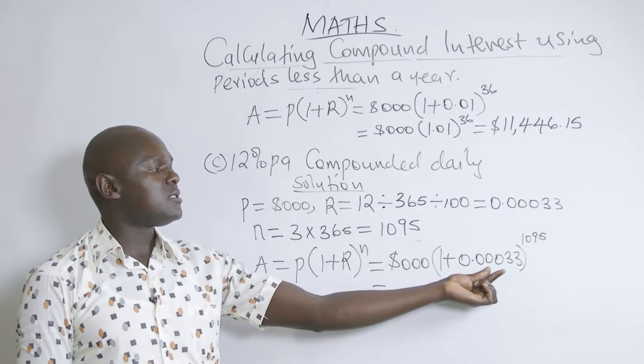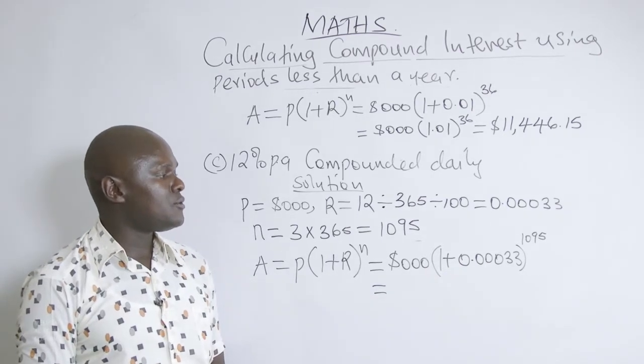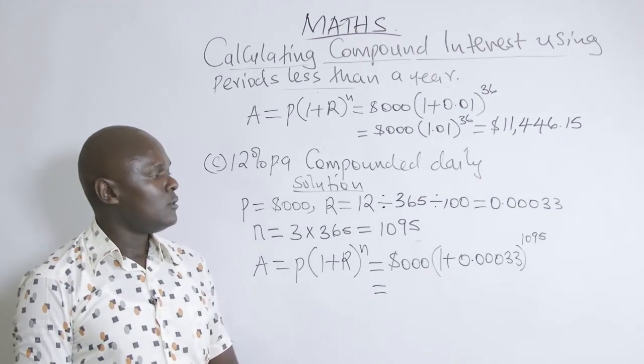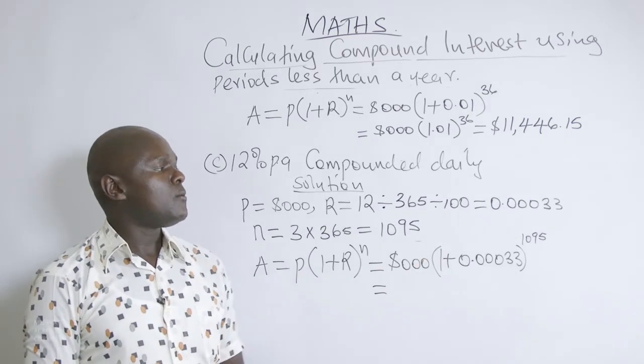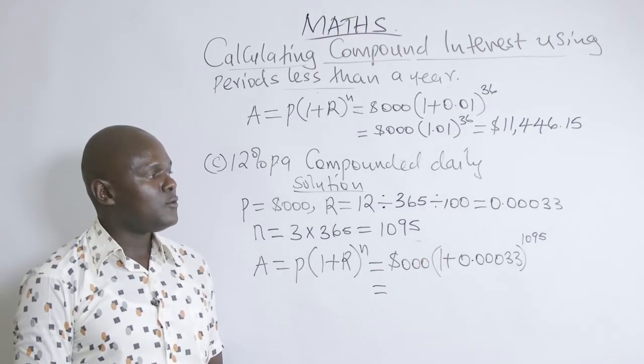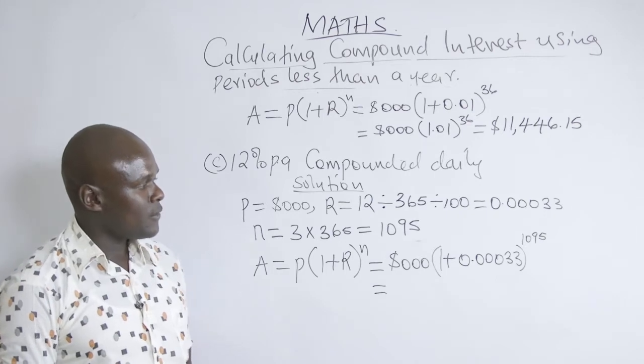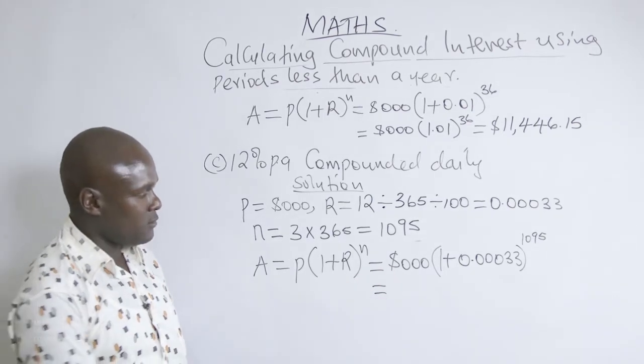Just take 1 plus this and you'll get 1.00033. Then you raise the same to power 1095. Then you multiply by 8,000.